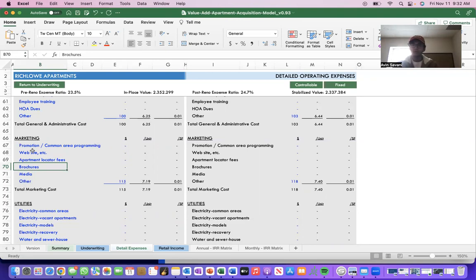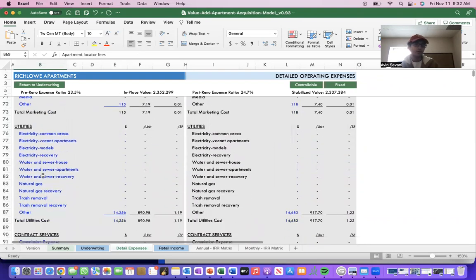Obviously it's great to have that on site in the building, but just handing out postcards to people is kind of a waste of money and time in my opinion. Having a great website is really important too. So website fees are going to be displayed here. If you're utilizing some type of marketing campaign service, that's also going to be here.